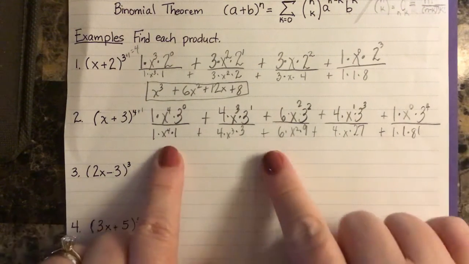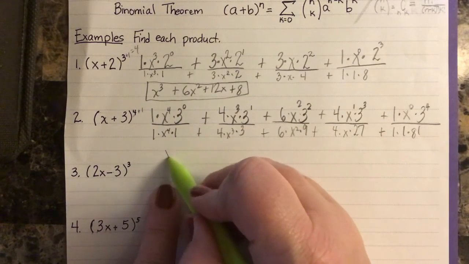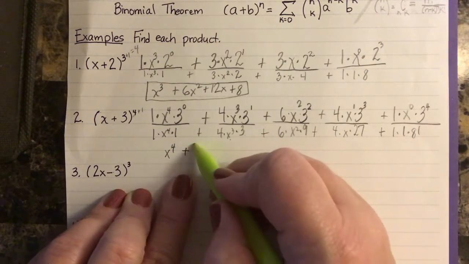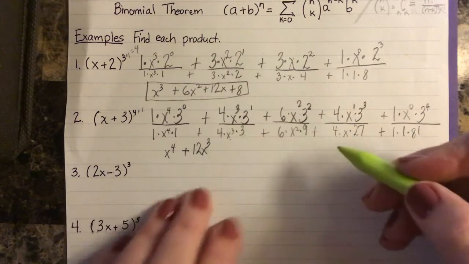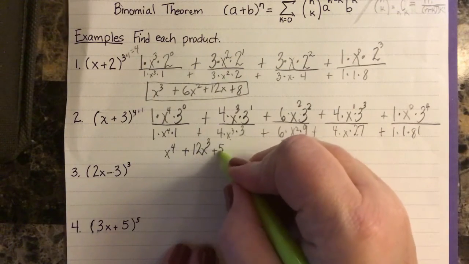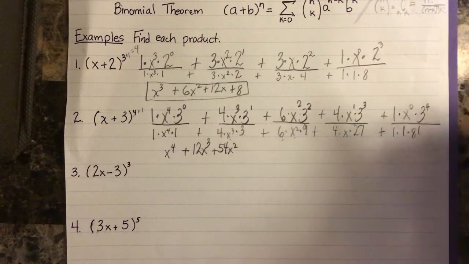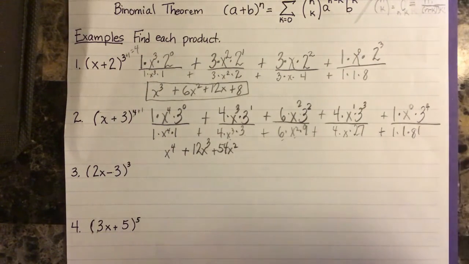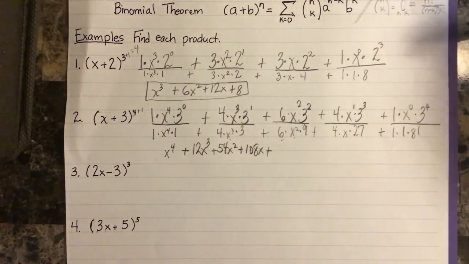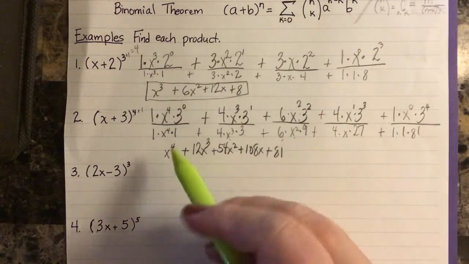And then go through and multiply those. 1 times x to the 4th times 1 is x to the 4th. 4 times x cubed times 3 is 12x cubed. 6 times x squared times 9 is 54x squared. 4 times x times 27, I think that is 108x. And then 1 times 81 is just 81.